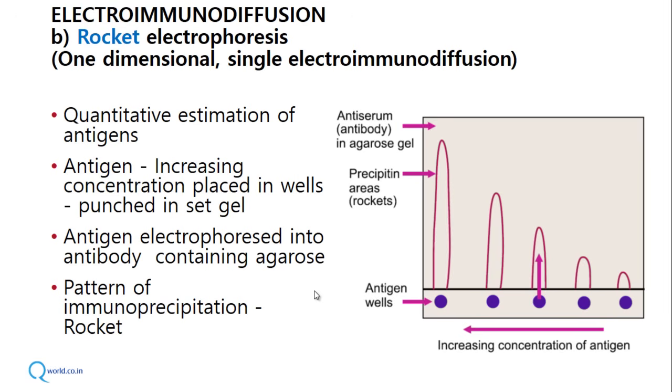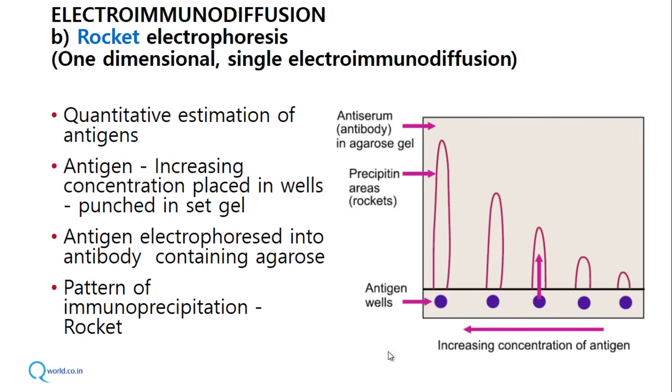The second is rocket electrophoresis. It is one-dimensional single diffusion, used for quantitative estimation of antigen. We take a square slide on which we put antiserum and agar gel. We take an antibody gel, cut wells in it, and put the antigen solution in increasing concentration, and then do electrophoresis.